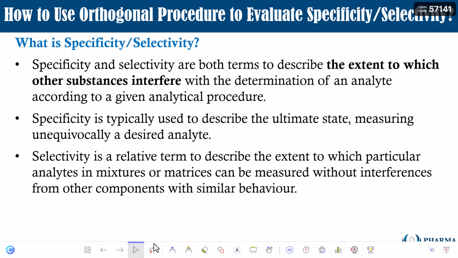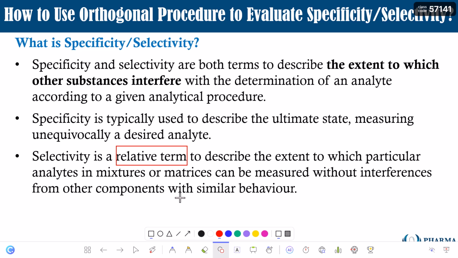What is the definition of selectivity? Selectivity is a relative term. It is a relative term to describe the extent to which a particular analyte in a mixture or matrix can be measured without interference from other components with similar behavior. That indicates that this is a relative term.